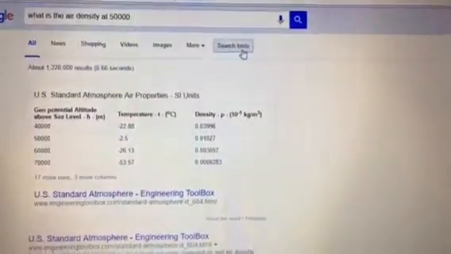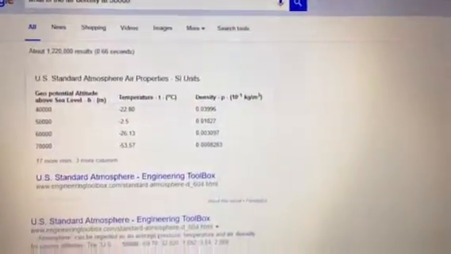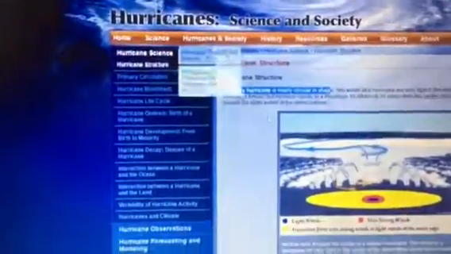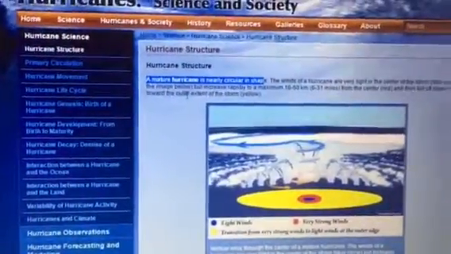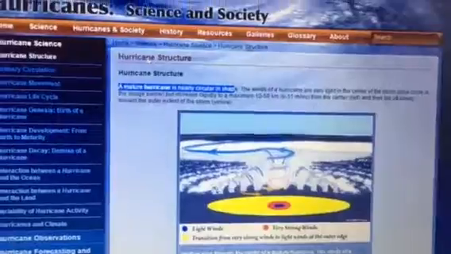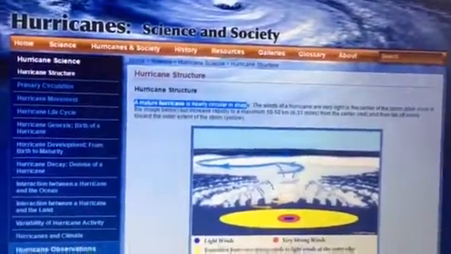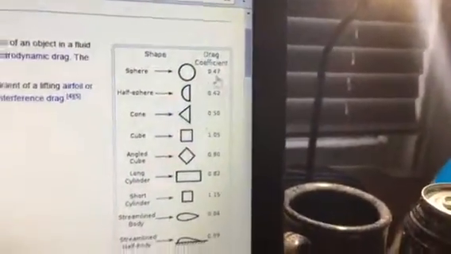I also needed to find the proper drag coefficient, and since a mature hurricane is nearly circular in shape, I decided to take the drag coefficient of the cross-sectional area of a sphere, which I found to be 0.47.